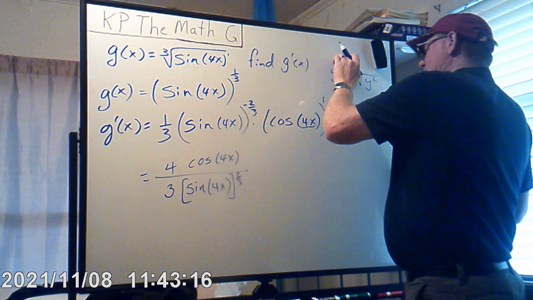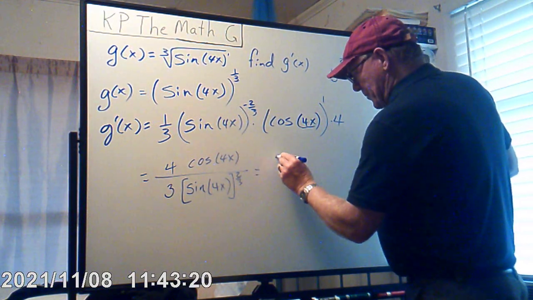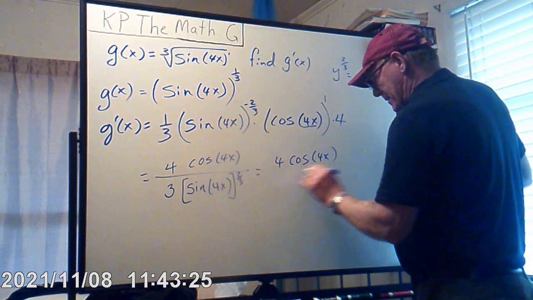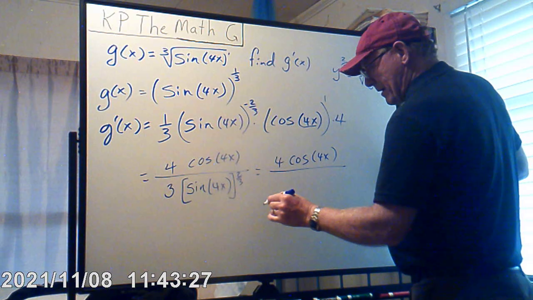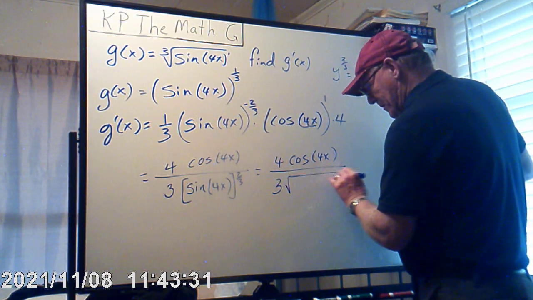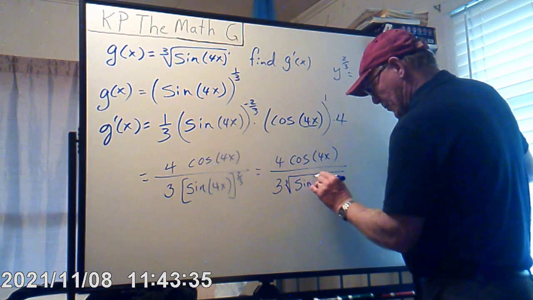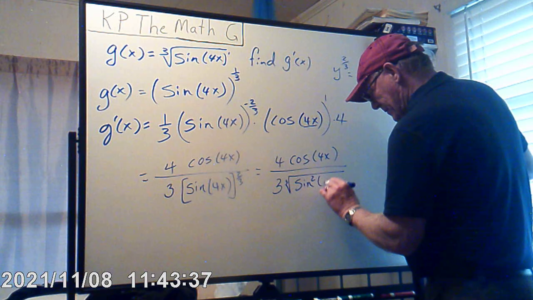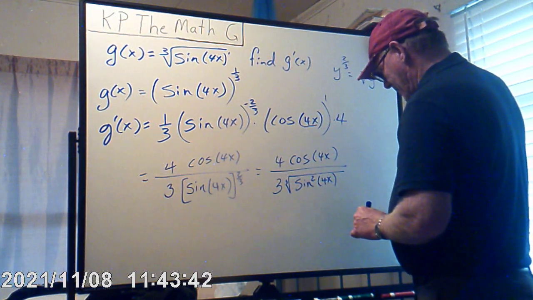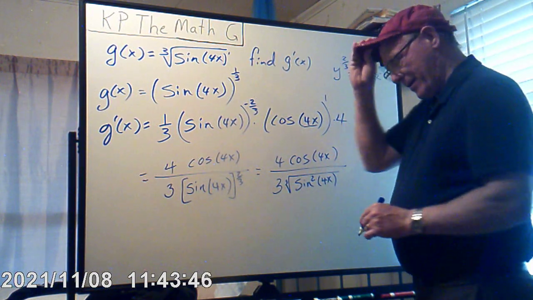Remember, the 2 is the exponent. So this equals 4 cosine of 4x over 3 times the cube root of sine squared 4x. That's pretty much it. That's the answer right there.